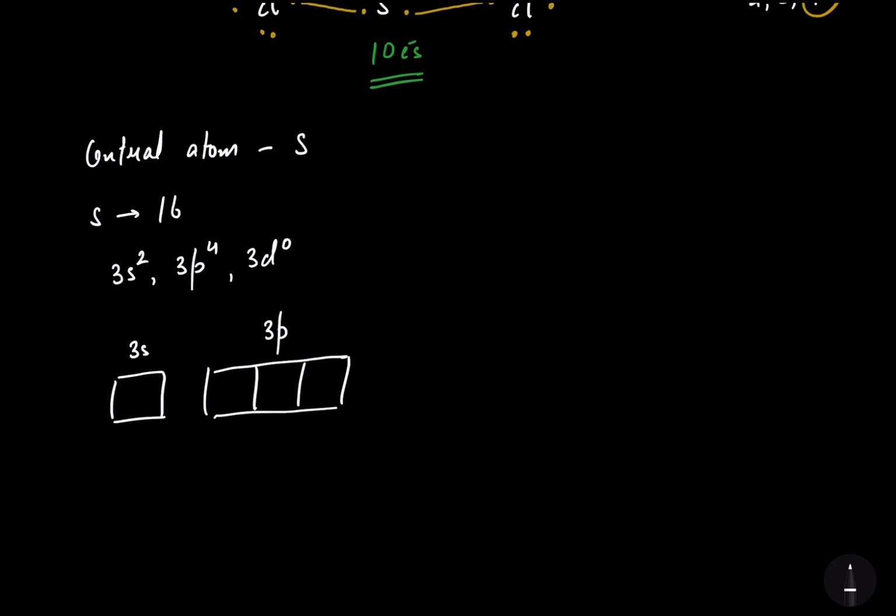Now let's talk about the 3d subshell. The d subshell is having 5 degenerate orbitals, that is orbitals with equal energies. So the 5 orbitals of 3d are having equal energies. Then the 3 orbitals of 3p are also having equal energies. So we are having the 3 degenerate orbitals in 3p and the 5 degenerate orbitals in 3d.